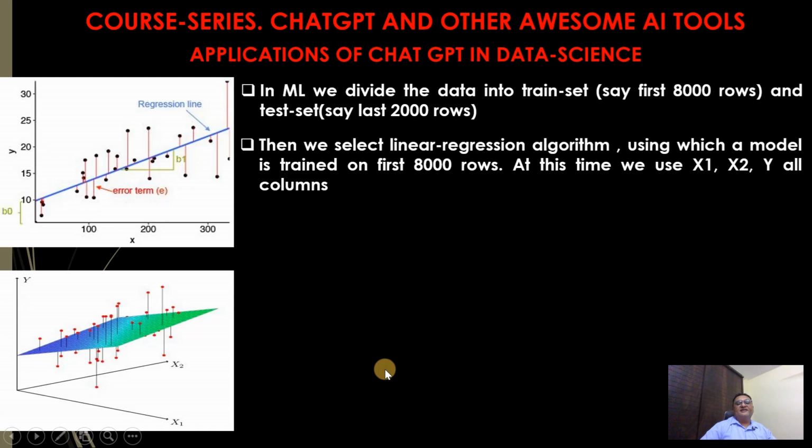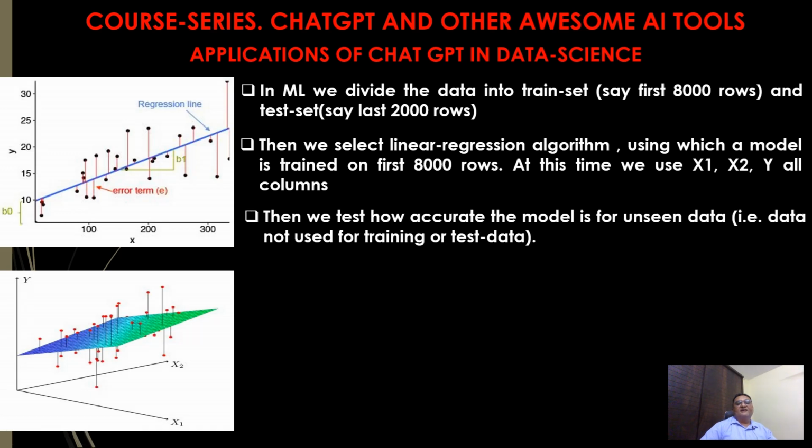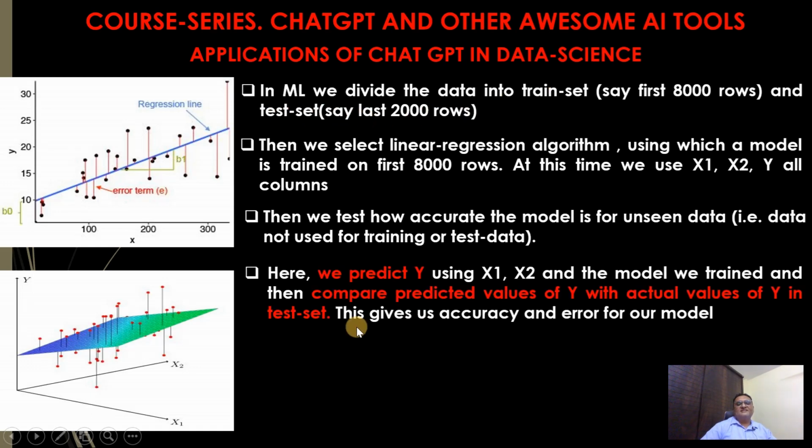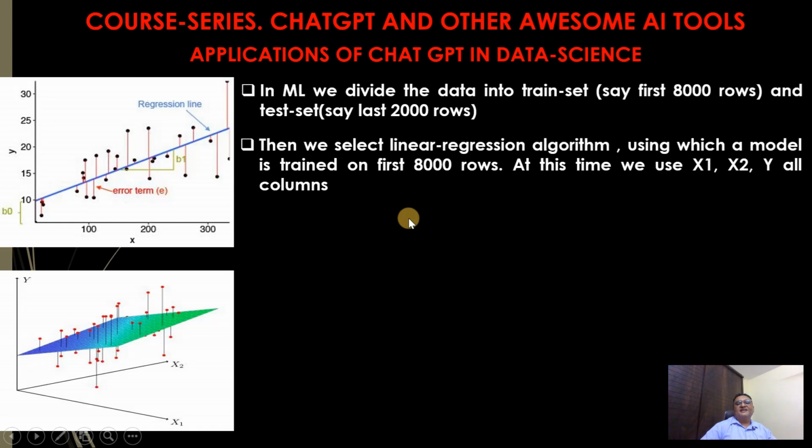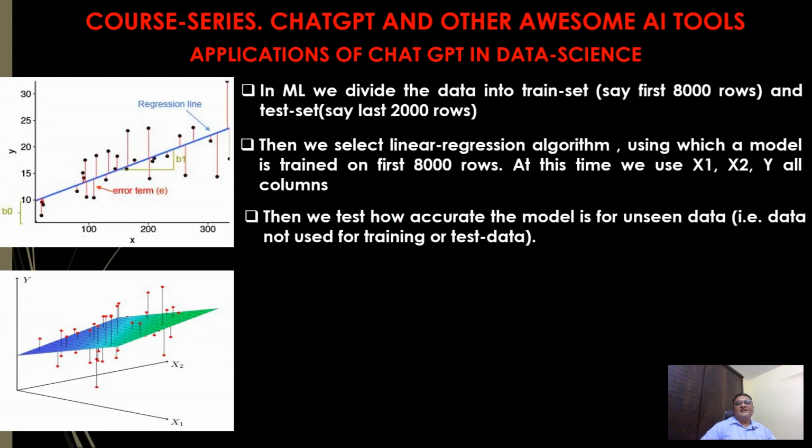We divide the data into around 80% to 20% or 70% to 30%, like that. The larger one is called train set, while the smaller one is called test set. Then we train the regression algorithm on the train set.